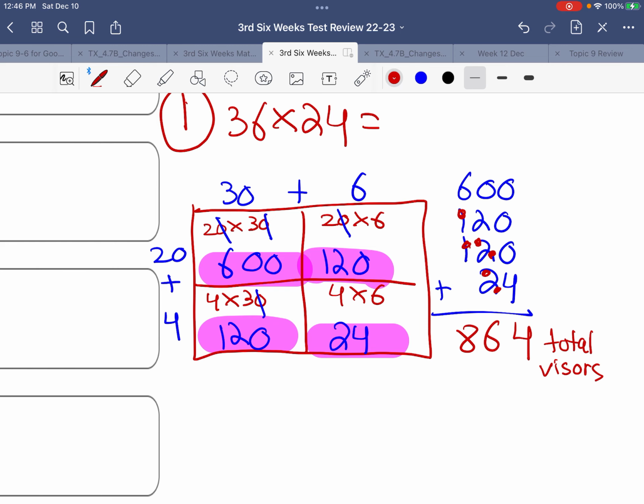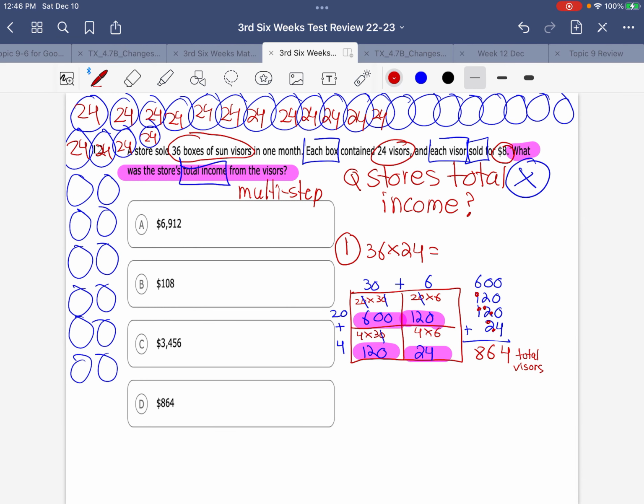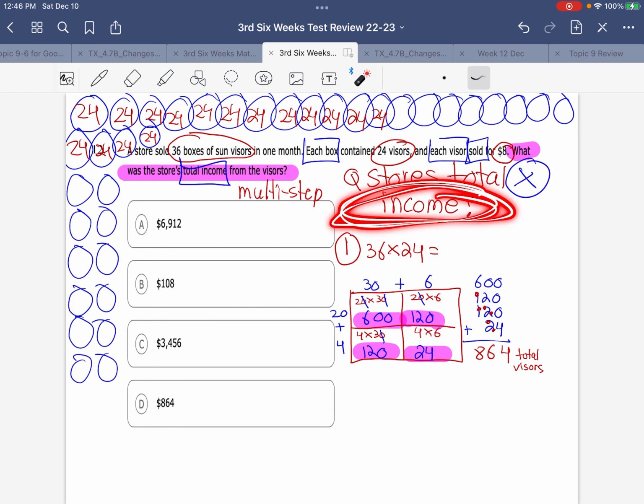visors. Okay, but I am not done yet because my question is total income. So I found the visors, but now I need to find the income. So then it says each visor is sold for $8. Okay, each visor sold for $8. So then I have to ask myself, well, how many visors are there?